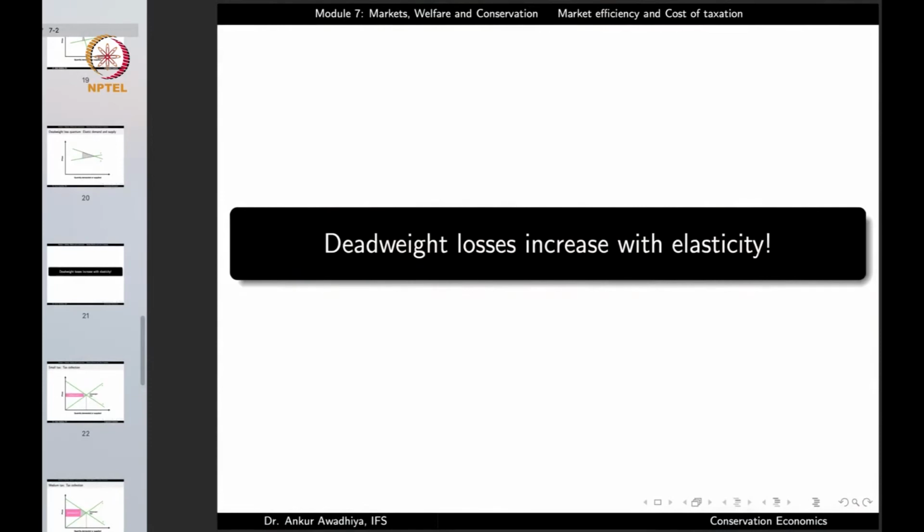So this is a result that we are observing, that if the size of the tax is kept the same, but the elasticity of the demand and supply curves is changed, then the deadweight losses will increase when demand and supply curves become more elastic. So this is the result that the deadweight losses increase with elasticity.